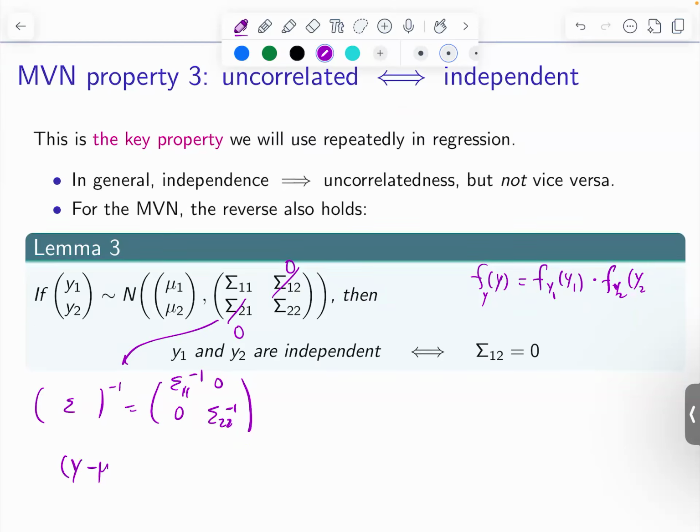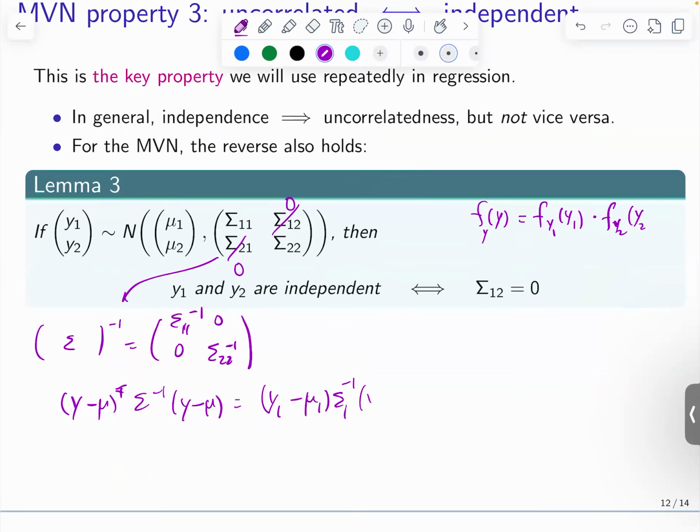y minus mu, transpose, sigma inverse, y minus mu, this would be y1 minus mu1, sigma 1 inverse, y1 minus mu1, if you do the block multiplication, plus y2 minus mu2, sigma 2 inverse, y2 minus mu2.